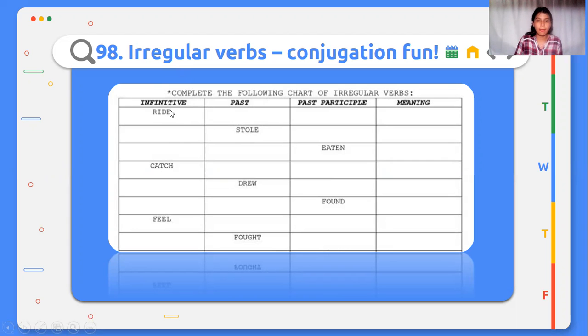For example, here we have the verb write in infinitive form, but the student has to write the same verb in the past form, in the past participle, and the student has to write the meaning of the verb.